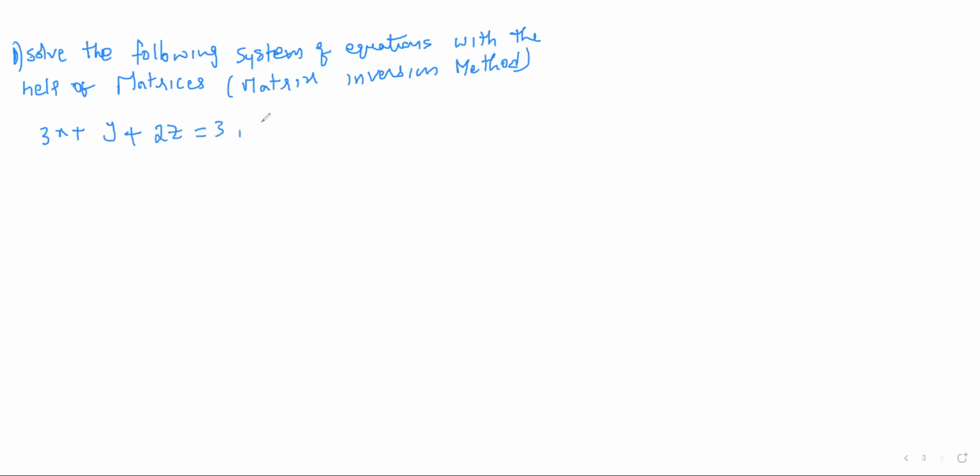Similarly, 2x minus 3y minus z is equal to minus 3. x plus 2y plus z is equal to 4.